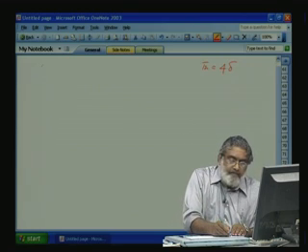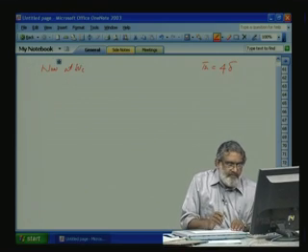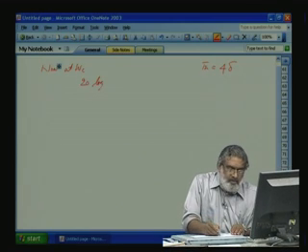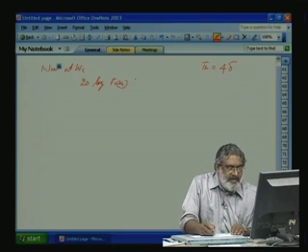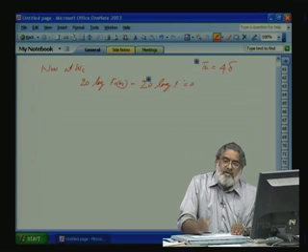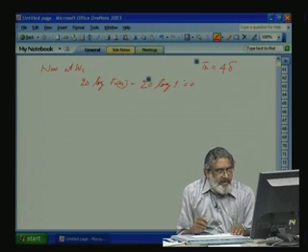Now, at omega c, what is the open loop gain? 20 log of F0 at omega c is equal to 20 log 1, which is 0. That is the gain crossover frequency at unity gain, correct?